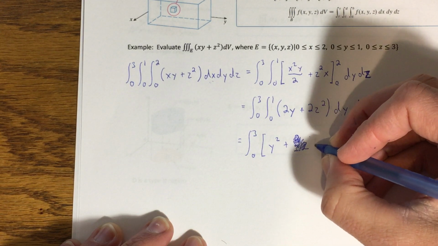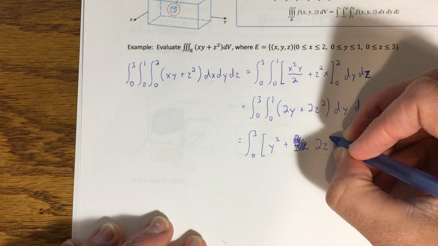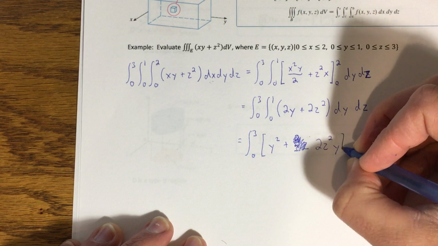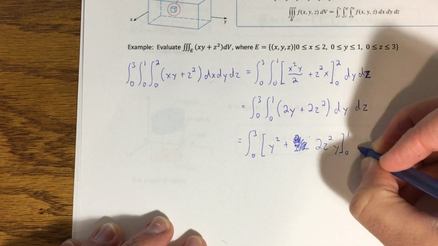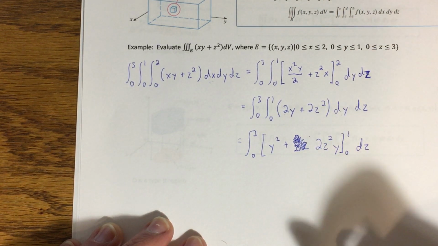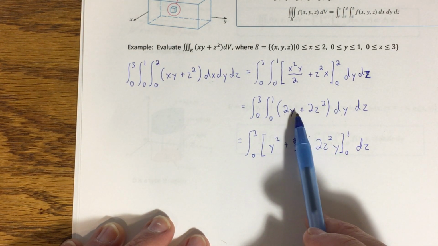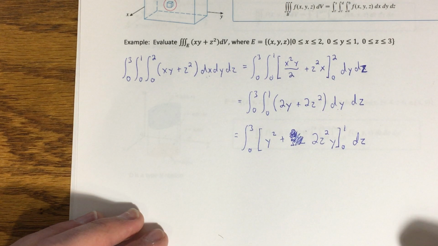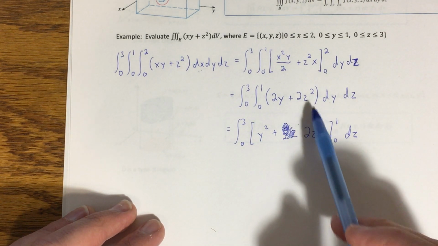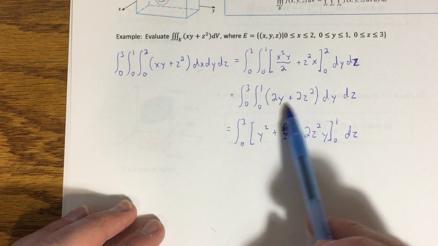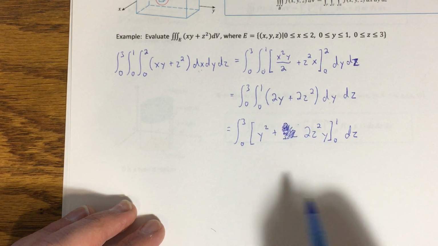It's going to be plus 2z squared y. Caught myself. That just goes to show, make sure you're paying attention to what you're doing every step of the way. It's very easy to find yourself integrating with respect to the wrong variable if you're not paying attention.